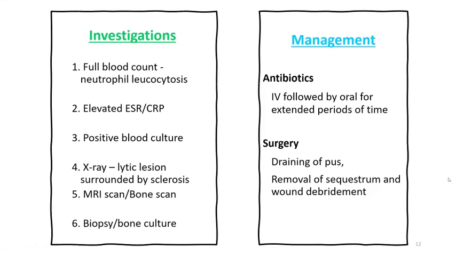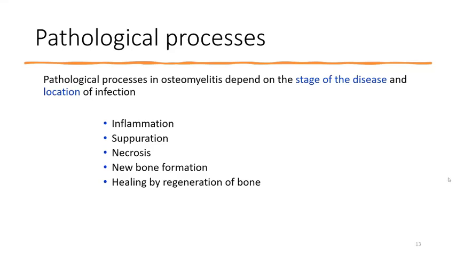I will tell you what a sequestrum is. Those are dead bone particles. We have to remove those dead bone particles with wound debridement to facilitate healing. Now we are coming to the important part of this lecture, the pathological processes involved in acute osteomyelitis.